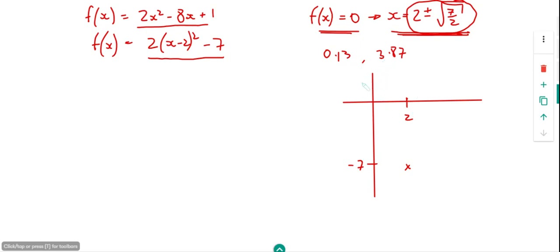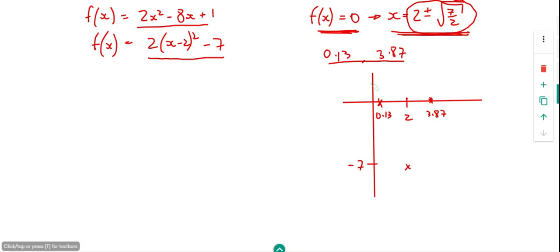We also get that because f of x equals 0 for these values of x, then they are actually the roots of the equation and where it crosses the x-axis. So they would cross here and here roughly, 0.13 and 3.87, with these 2 points.